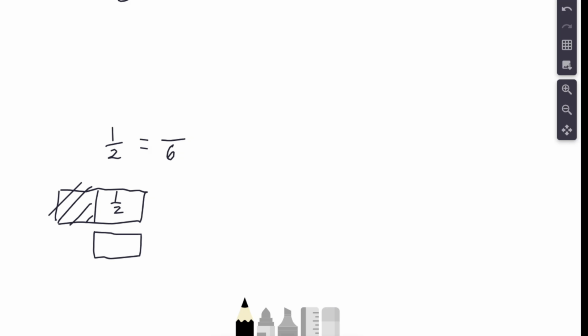So if this is a whole, and this whole has 6 equal parts, can you see how many sixths half is equal to? It's equal to 3/6.